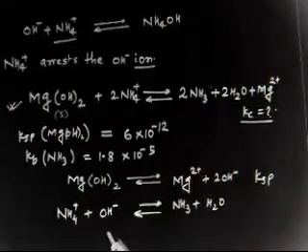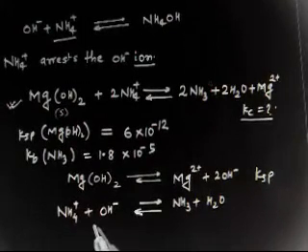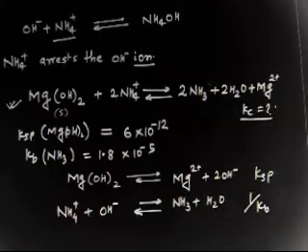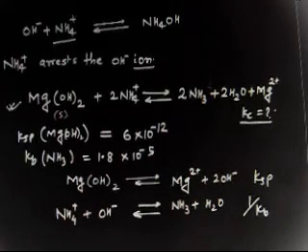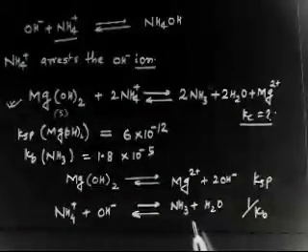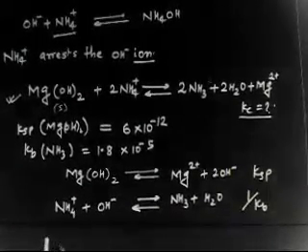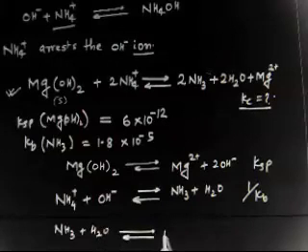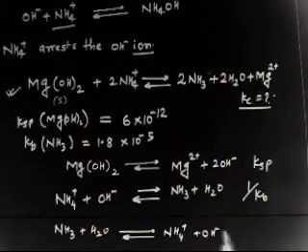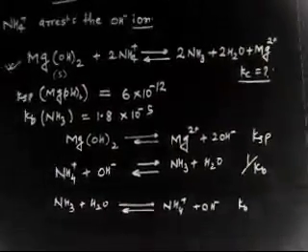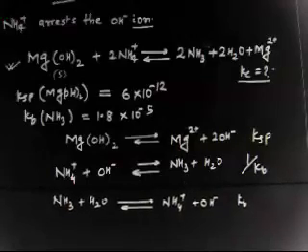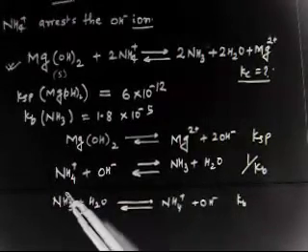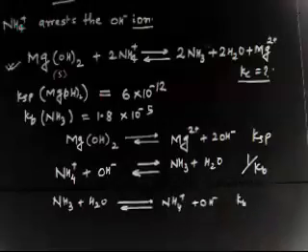This is the basicity reaction, and its equilibrium constant is Kb. The reaction written in the other direction, with NH4+ and OH- on the left, is the reverse of this reaction, and that's why its equilibrium constant is 1 by Kb. Are you able to get this or not?